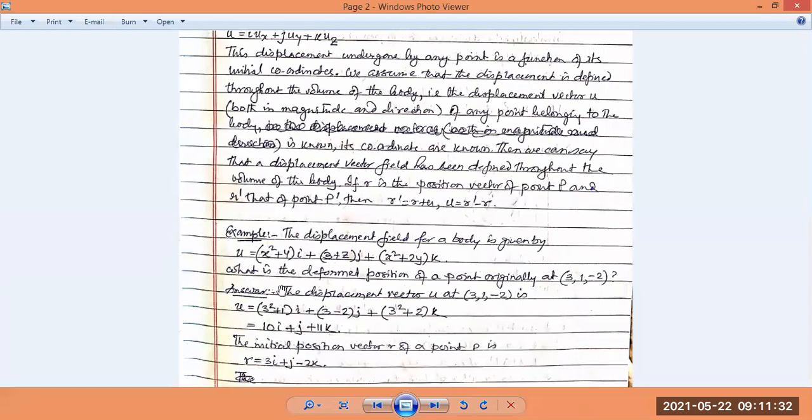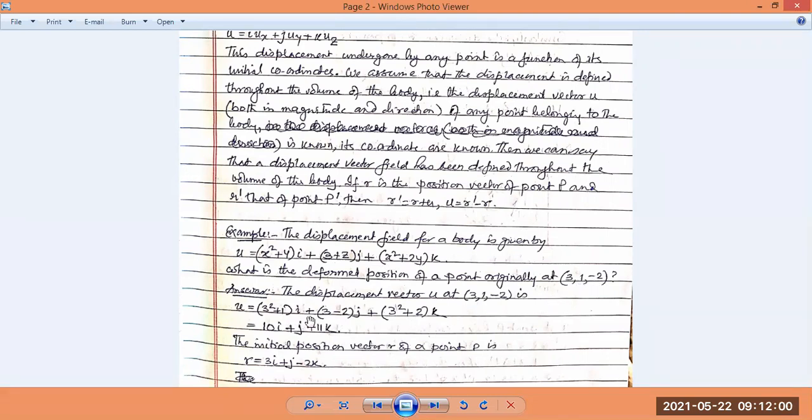The displacement vector, if you put the values of x, y and z here: x square plus y becomes 3 square plus 1, where x is equal to 3 and y is equal to 1; 3 plus z, where z is equal to minus 2; and x square plus 2y becomes 3 square plus 2 into 1.